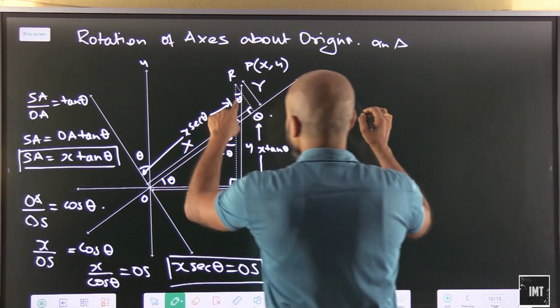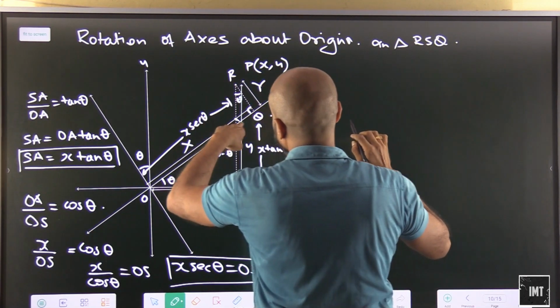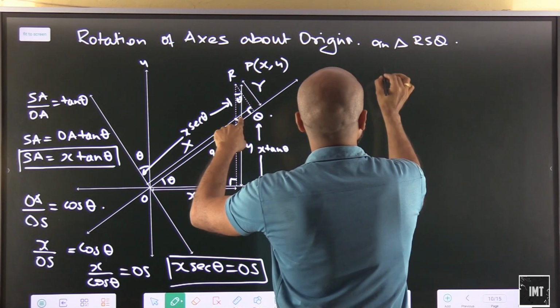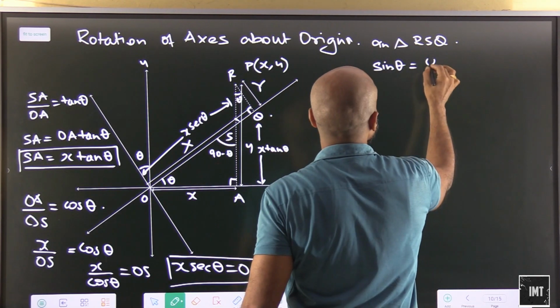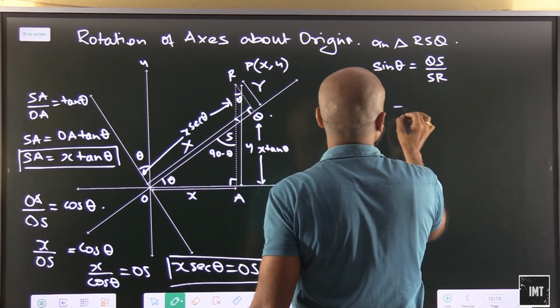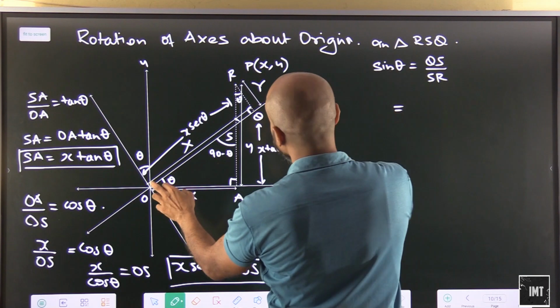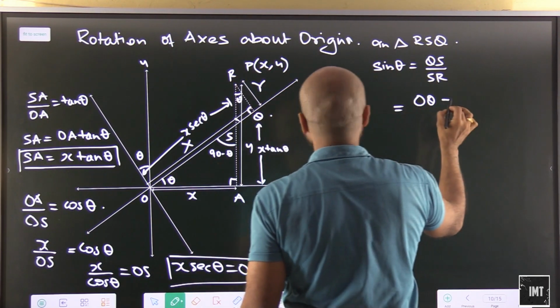So in triangle PSQ or RSQ, if I look at triangle RSQ and take sine theta, the value of sine theta will be equal to QS upon SR. Now what does QS mean? QS means OQ minus OS.